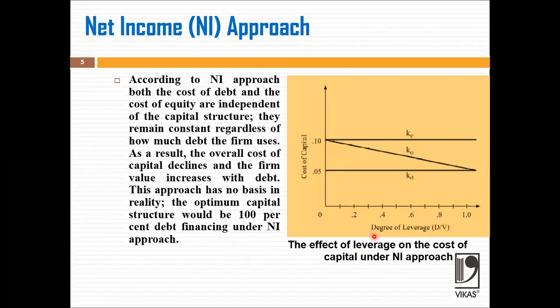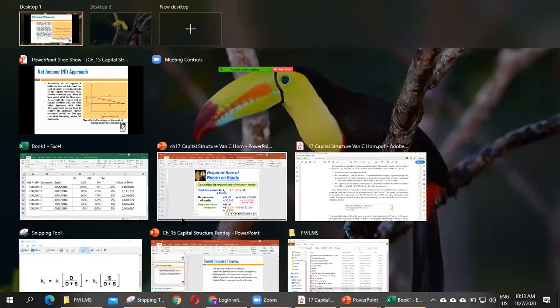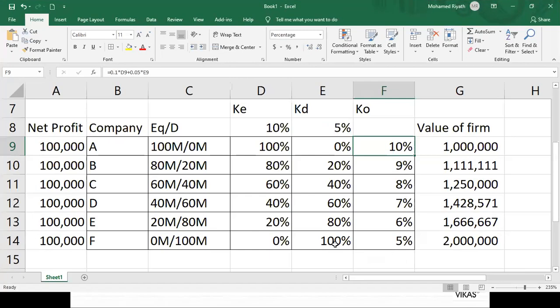Right? This theory argues what? The optimum capital structure is 100% debt. Then at this point, the firm is totally financed by debt, so they can reduce overall cost of capital.